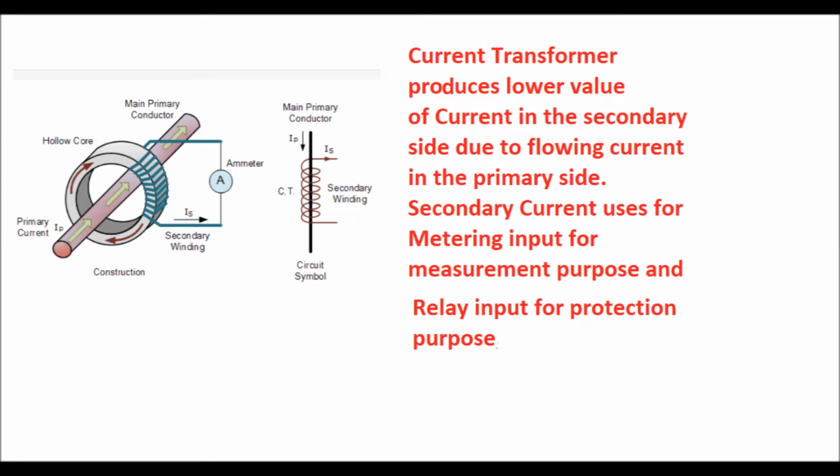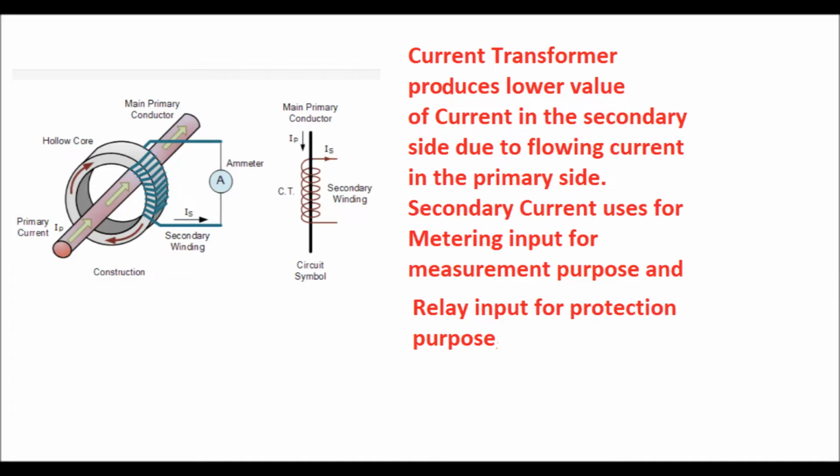So there are two types of current transformer. One is the metering CT, which is used for measuring purposes, and another is the protection CT, which is used for protection purposes.